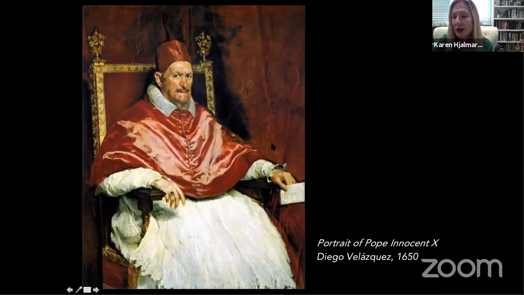Today, these Screaming Popes sell for tens and tens of millions of dollars. So many people feel that this portrait, capturing the candor, the insightful face of this Pope, was one of the masterpieces of portraiture ever done.